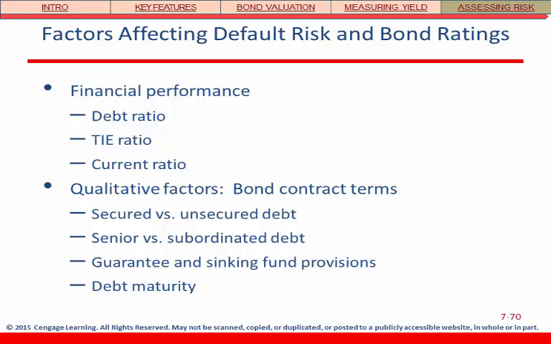They're also going to look at some qualitative factors such as contract terms. Are we talking about secured debt versus unsecured debt, senior versus subordinated debt, guaranteed or sinking fund provisions, and also debt maturity? So they're going to take a look at all of this information, right, in deciding what to give a specific bond issuance as far as a bond rating.